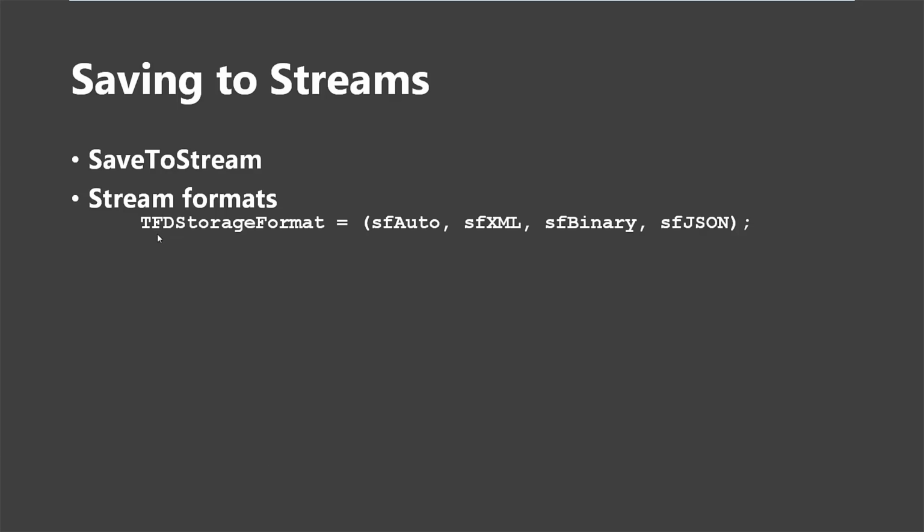And again, this allows you to specify the storage format that you want to store that stream in. You could just simply use auto. I found in a couple of situations that I want to explicitly store it in a given format, and then when I load it again later, I want to tell it it's this format.